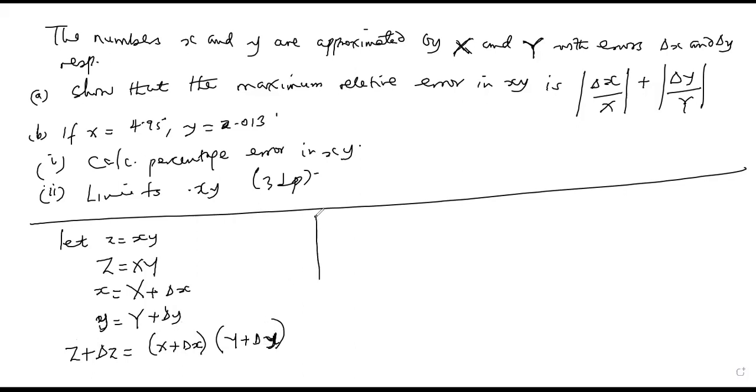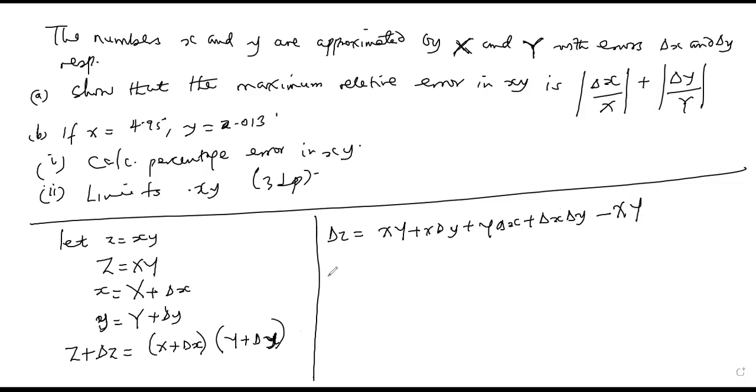You will expand to mean that your delta z alone is going to be equal to, after expanding, XY plus X delta y plus Y delta x plus delta x delta y minus z, which is XY.